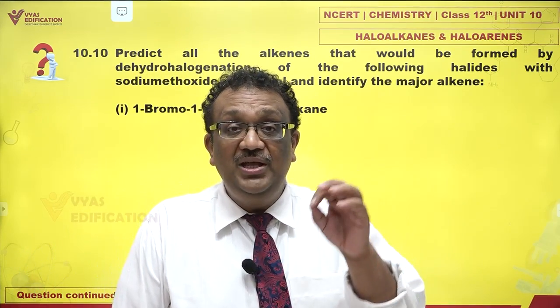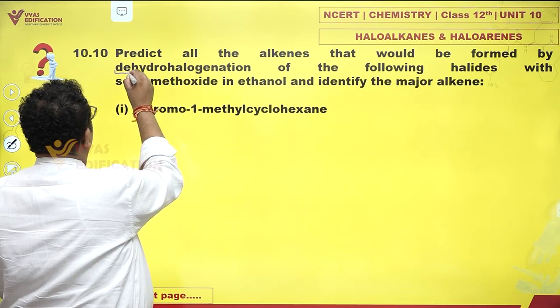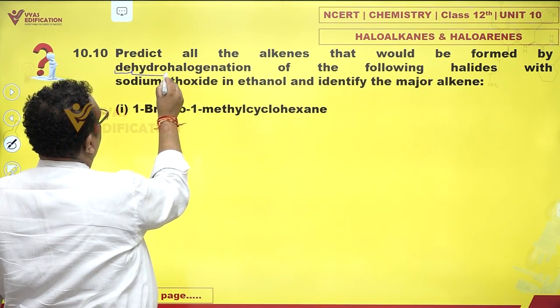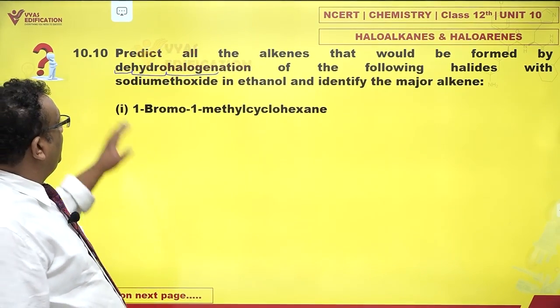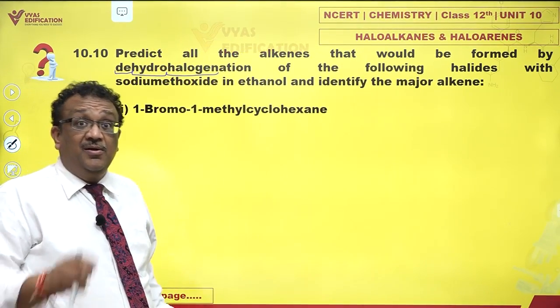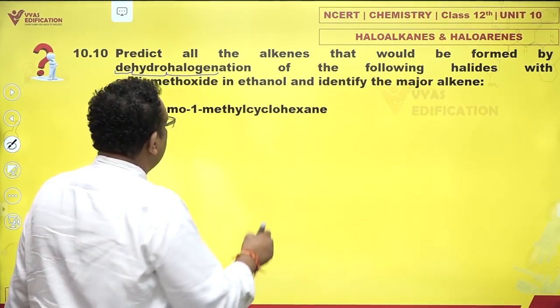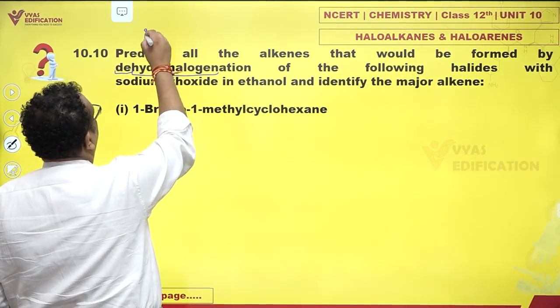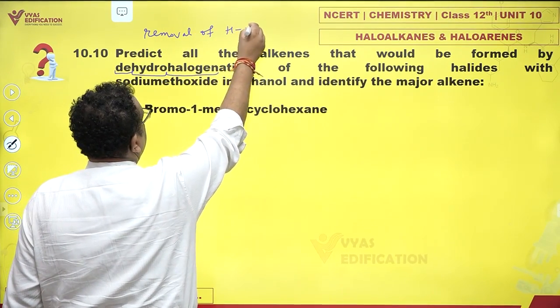What is the meaning of dehydrohalogenation reaction? De means removal. Hydro stands for hydrogen. Halogen obviously stands for halogen. Dehydrohalogenation means removal of hydrogen and halogen, means removal of HX.